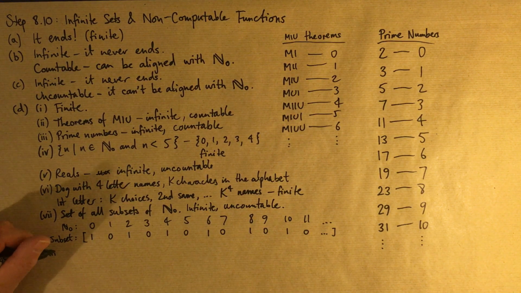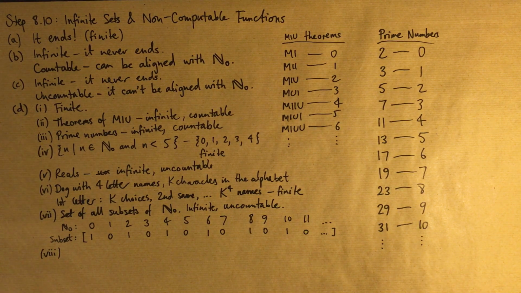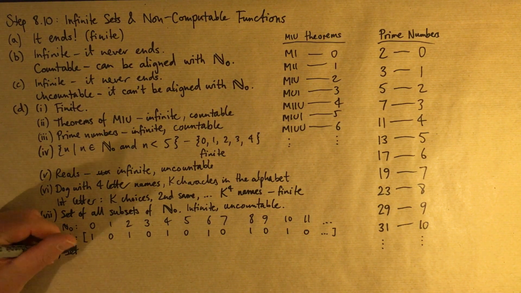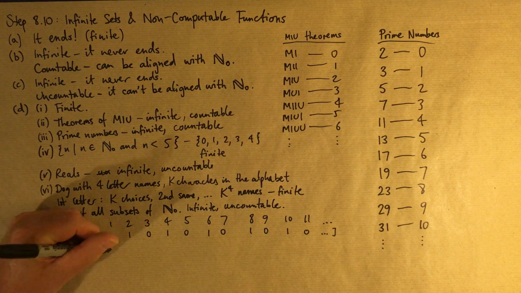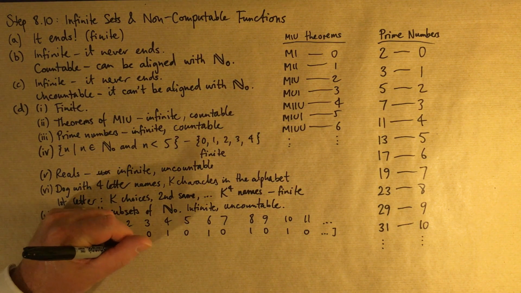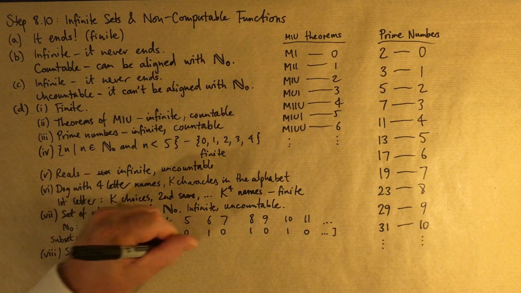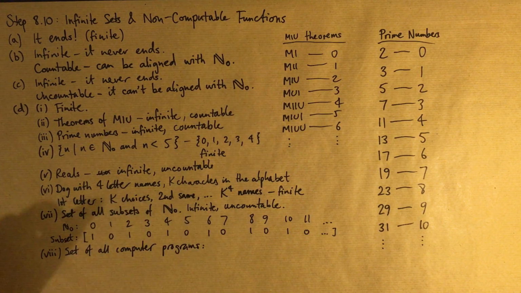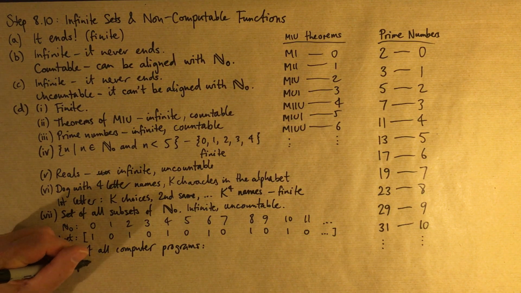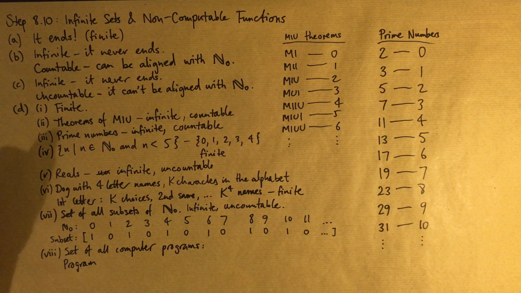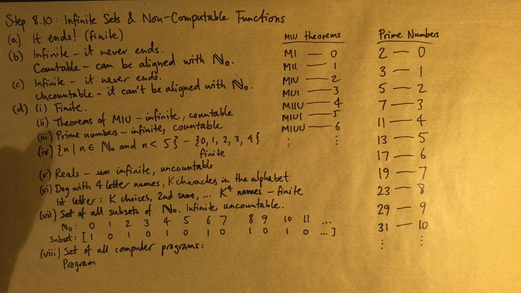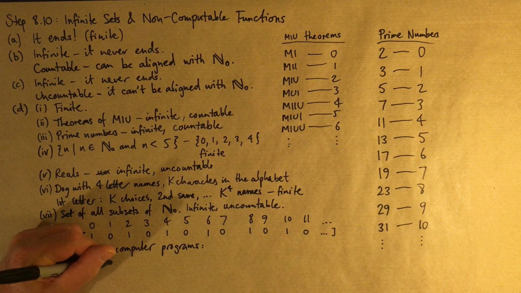What's the next one? 8. So that was in fact the hardest one. The set of all computer programs is easy. Programs are strings. Every program that I've ever written has just been a string of characters. Programs are strings.